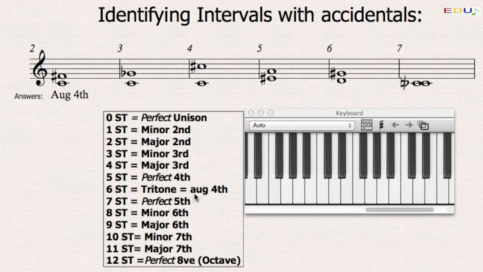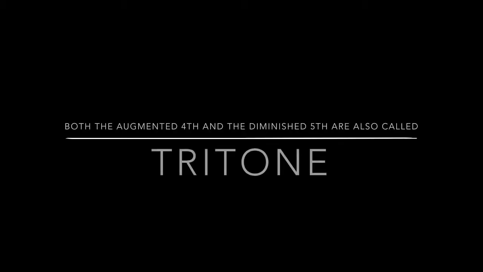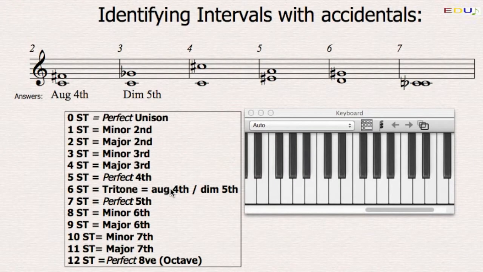The tritone is an augmented fourth in this case and a diminished fifth in this case. So both the augmented fourth and the diminished fifth can be called the tritone. Both intervals are enharmonic.